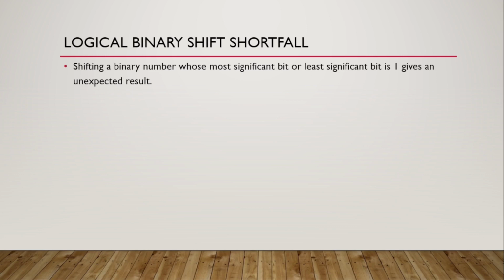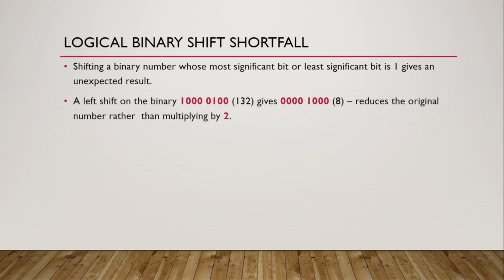Now, the default behavior for shifting to the left or to the right is that it causes a multiplication or a division by 2. But again, a left shift on the binary 10000100, which is 132 in denary, will result in 8, which is not what is expected.